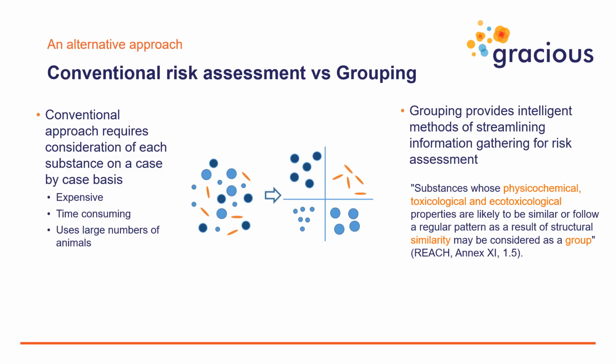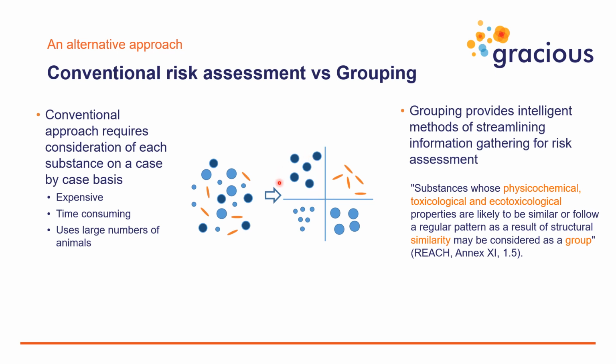So we need to understand their risks, but to do risk assessment, we usually consider substances on a case-by-case basis. This is very expensive, it's time-consuming, and it uses large numbers of animals. And so because of the large number of substances that are available that require this information, the European regulation, REACH, allows you to group together substances which are sufficiently similar to each other in terms of their physicochemical characteristics, their toxicology and their ecotoxicology.